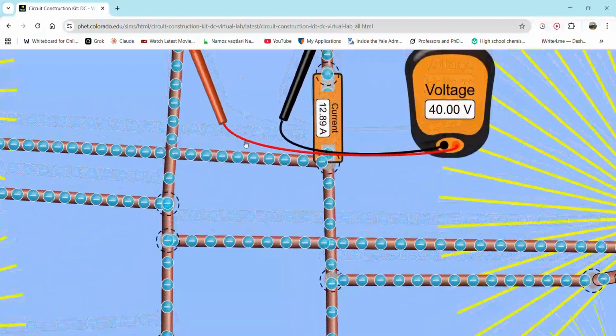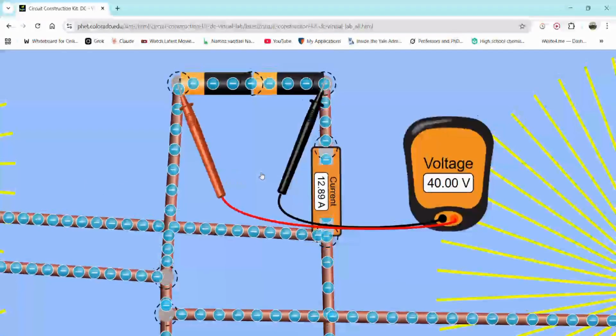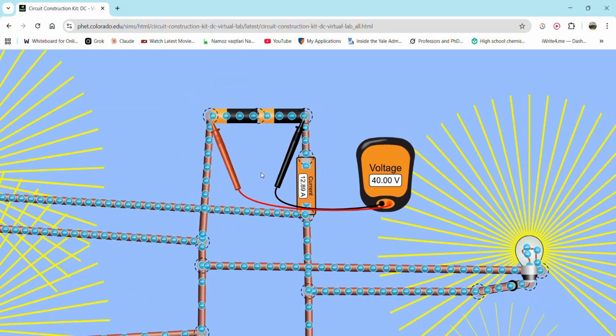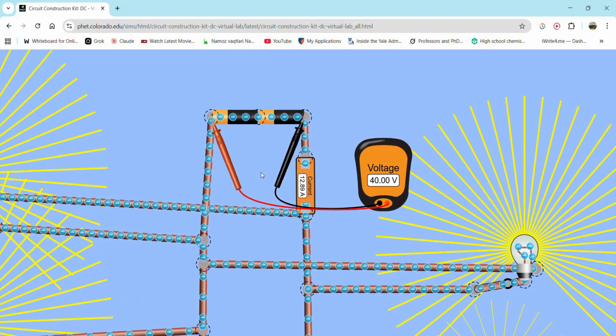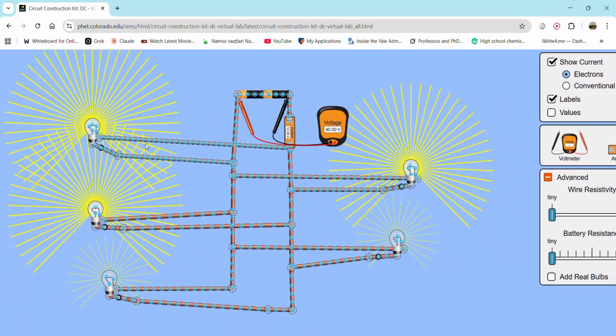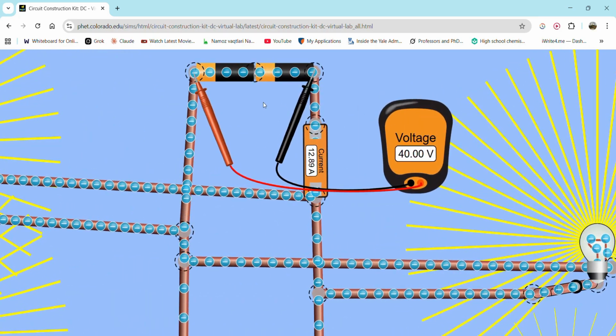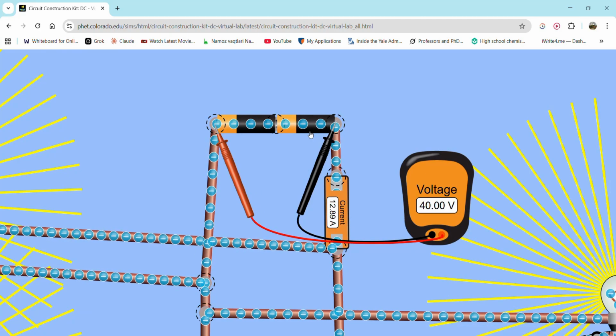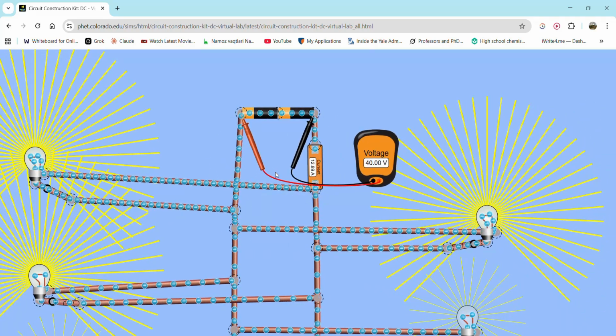Here in our ammeter you can see 12.89 amperes of electricity is being used, some of which is being wasted. It's very bright, some devices are using a lot of electricity, and here you can also see that current is being driven very fast. It's moving so fast, which basically shows that a lot of electricity is being used.